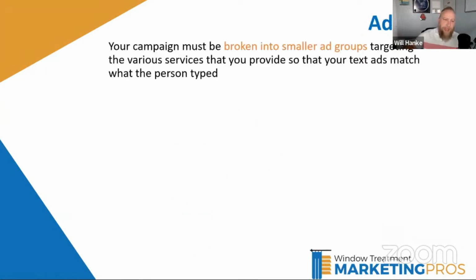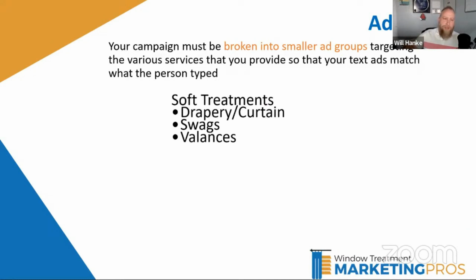Next down is the ad groups. Each campaign is broken into smaller ad groups inside of that. If I use soft treatments as an example, you would want separate ad groups for draperies, for swags, for valances, for all these different things inside of that particular area.